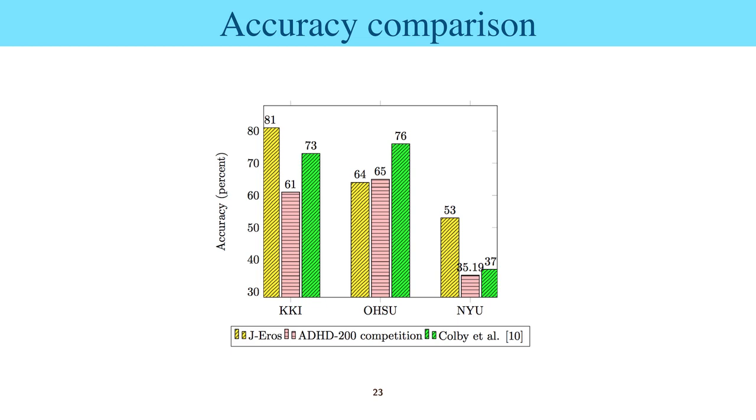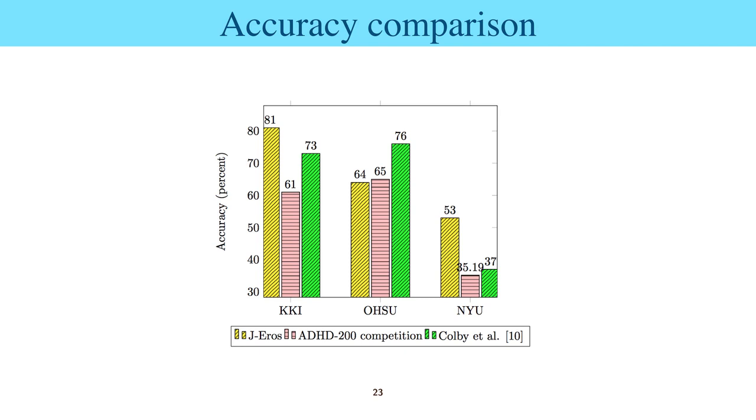So in the first experiment, we compared the accuracy of J-Eros, which is our proposed method, with 2 other baselines. The first baseline is the result that is released by the ADHD Competition, and the second one is a method proposed by Colby et al., in which they used fMRI, MRI, and demographic information.